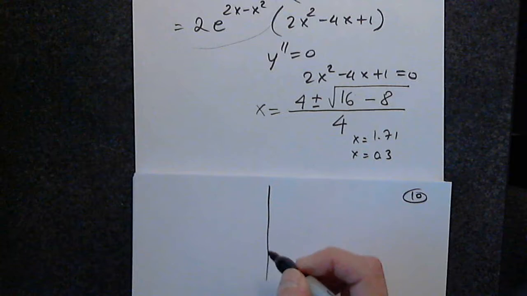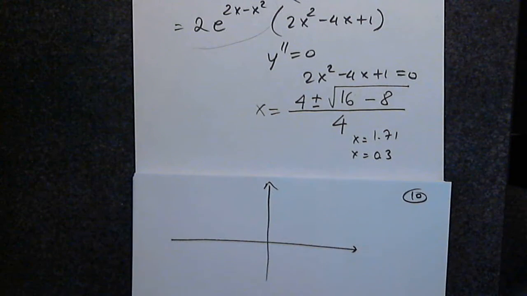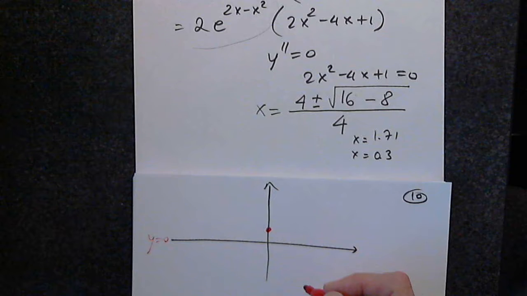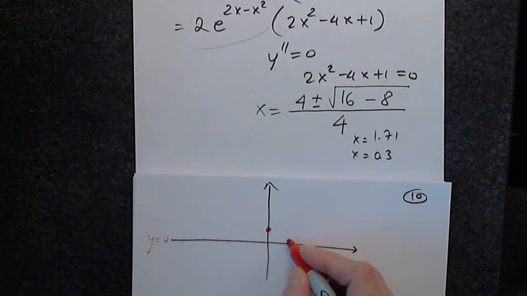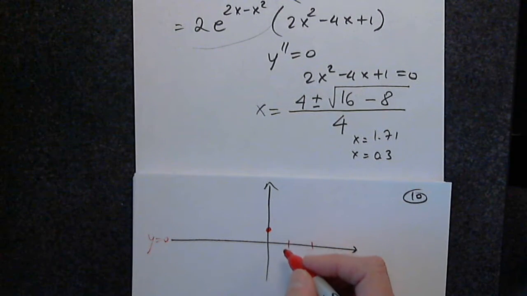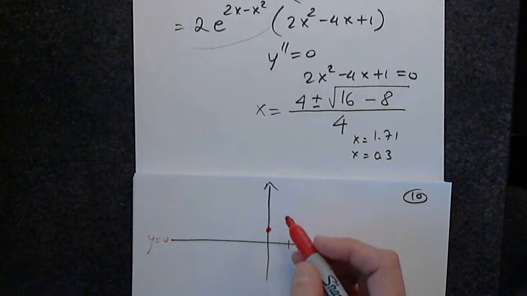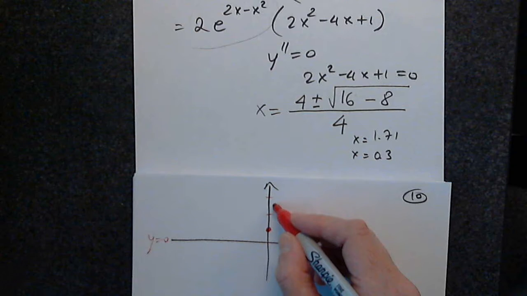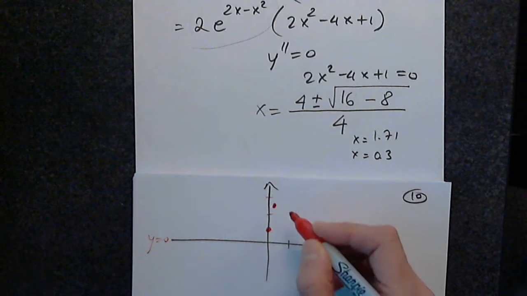So let's graph. I have y equals 0 as the horizontal asymptote. At 0 it is 1. So this is 1, 2. So at 0.3 it is 1.66, and that's 2, and that's 3. At 0.3, 1.66.